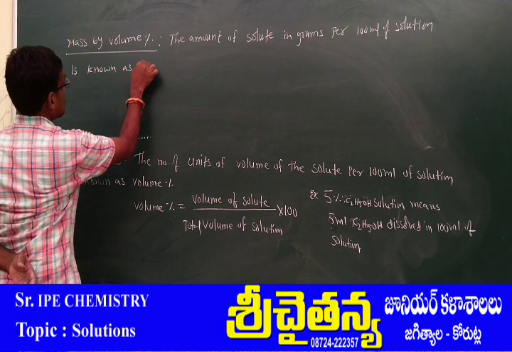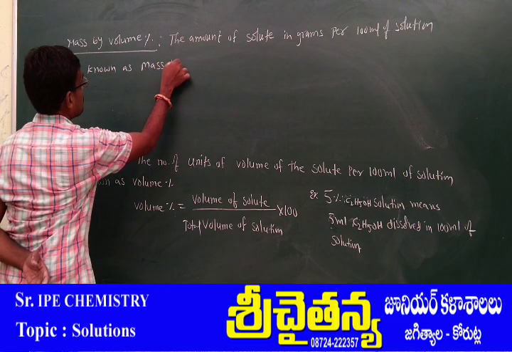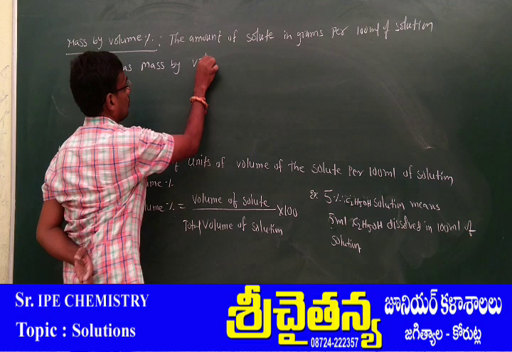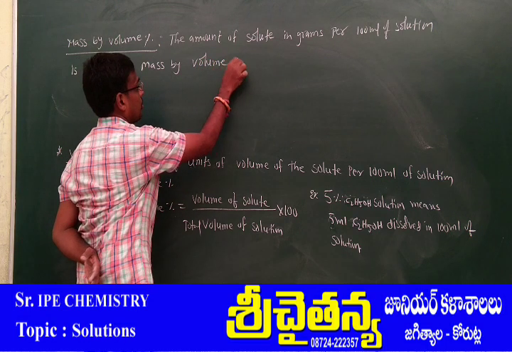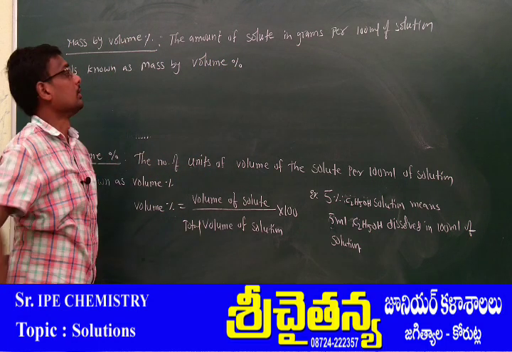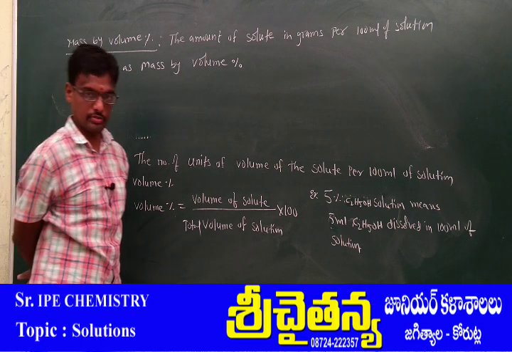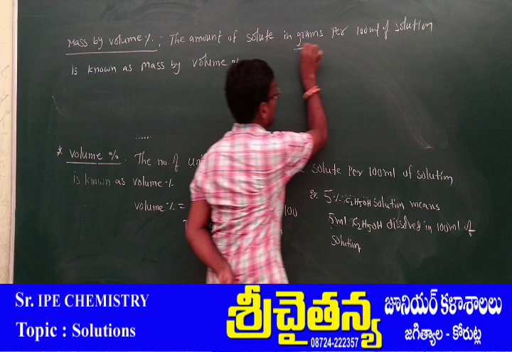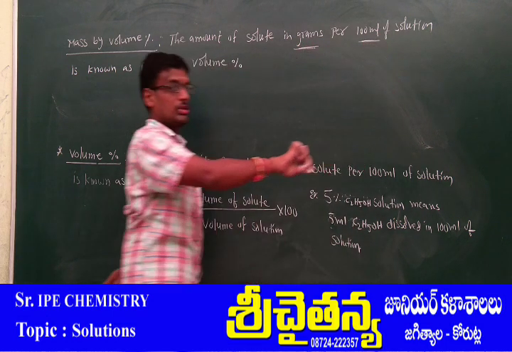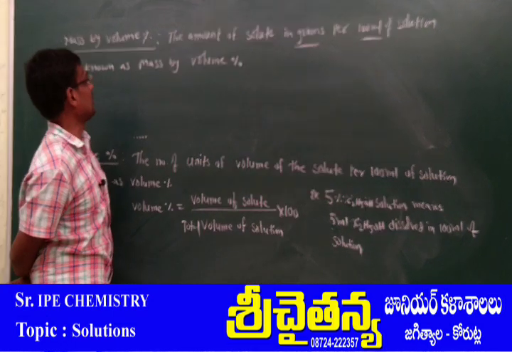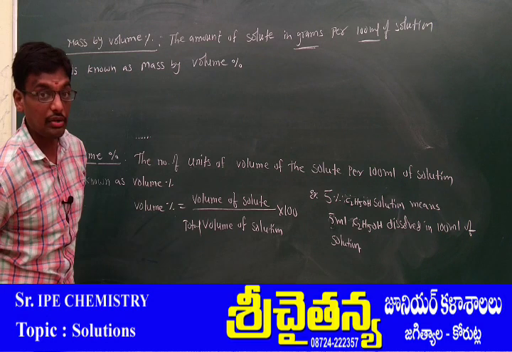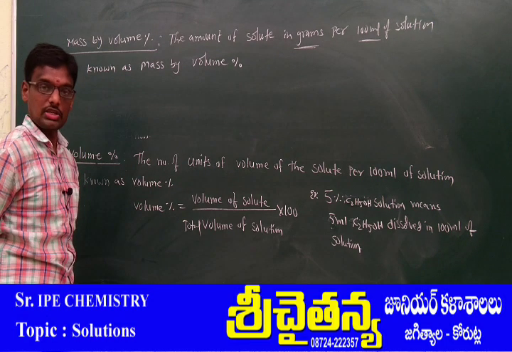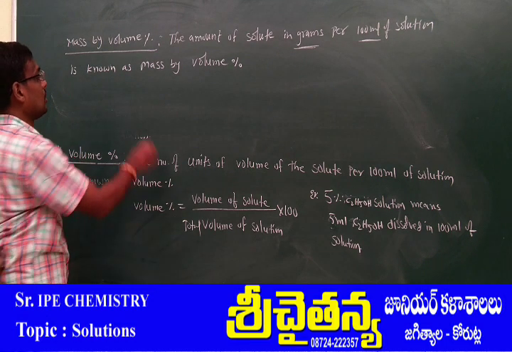The amount of solute in grams for 100 ml of solution is known as mass by volume percent.